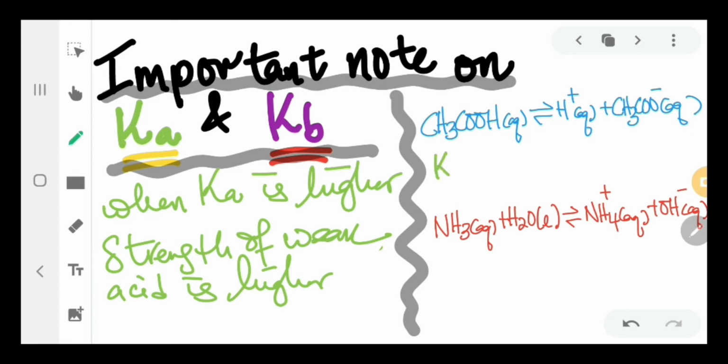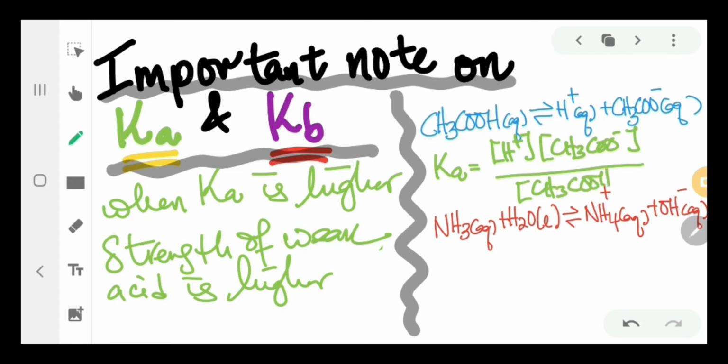Ka is written the same way as you have done before for Kc: the concentration of H plus times the concentration of the negatively charged species over the concentration of your weak acid.